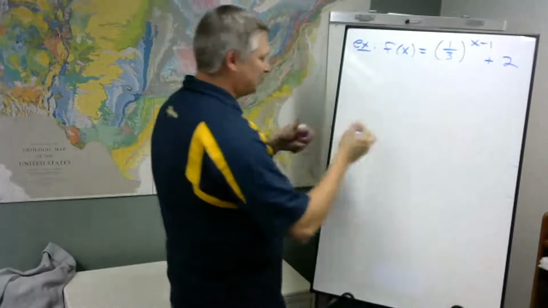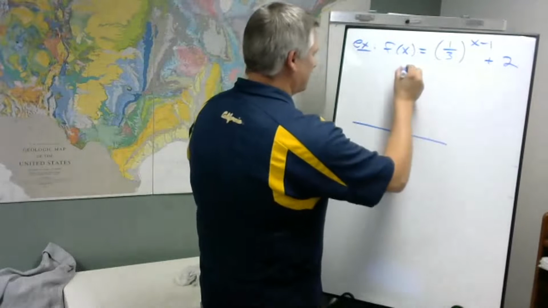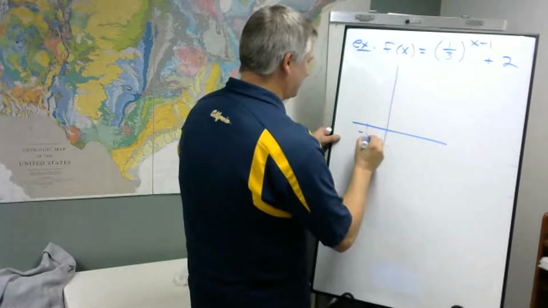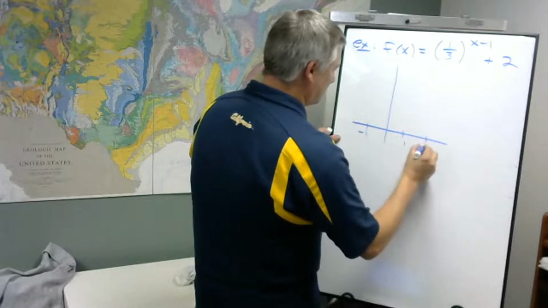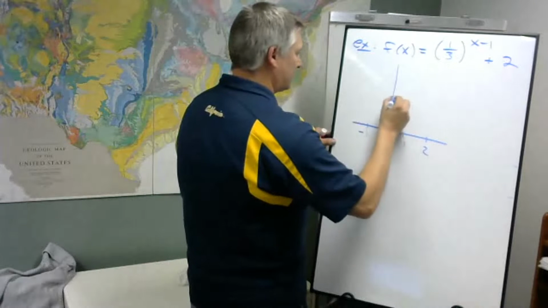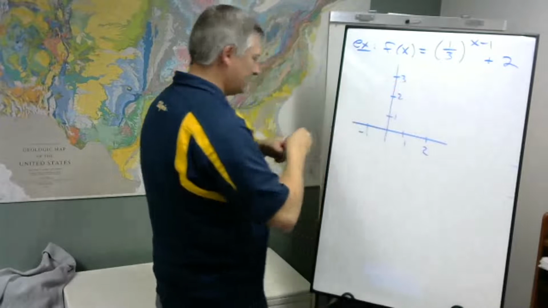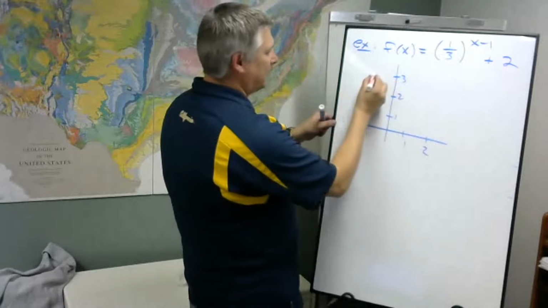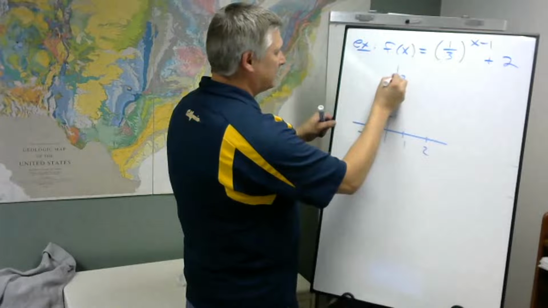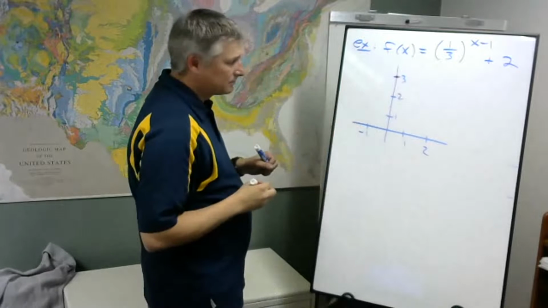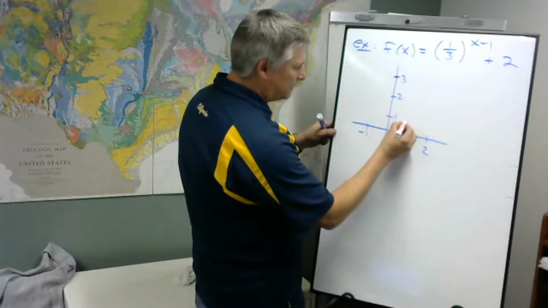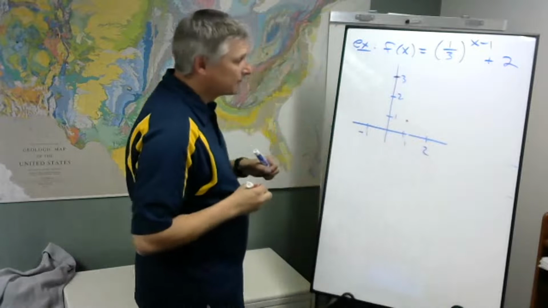And so what that means: we had a point at -1 and 3, that moves over 1 to the right to 0 and 3. Then we had a point at 0 and 1, that moves to 1 and 1.